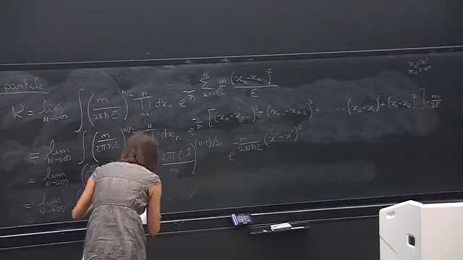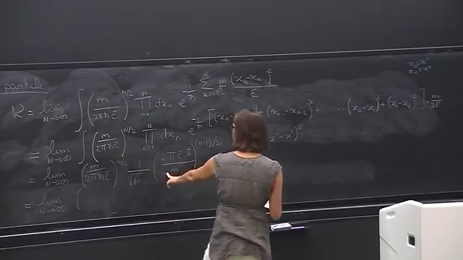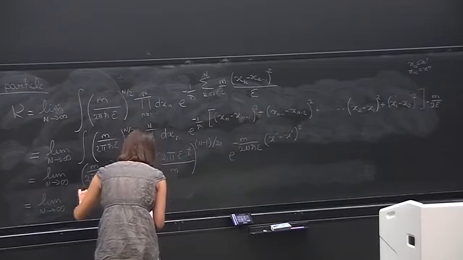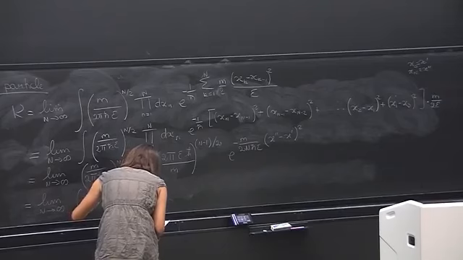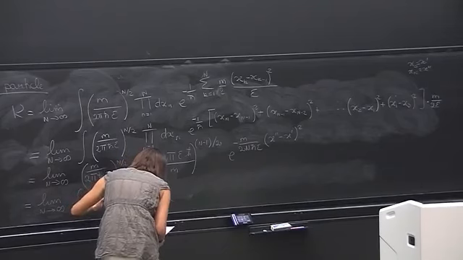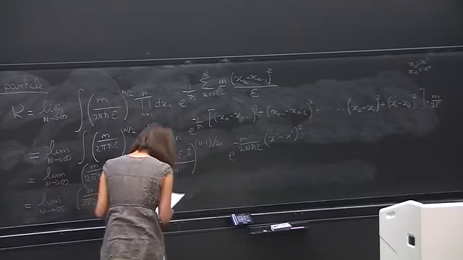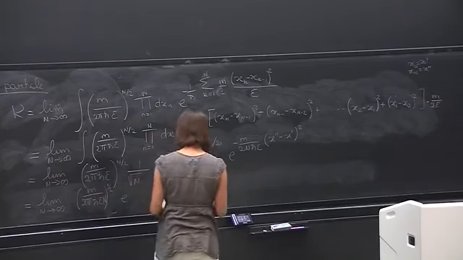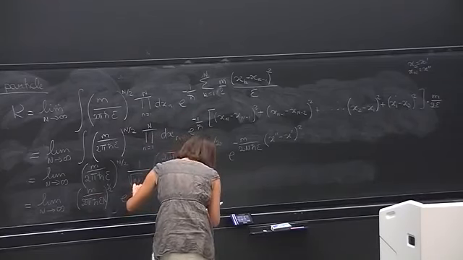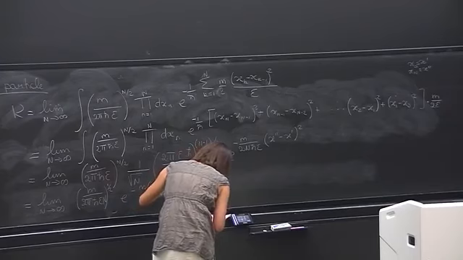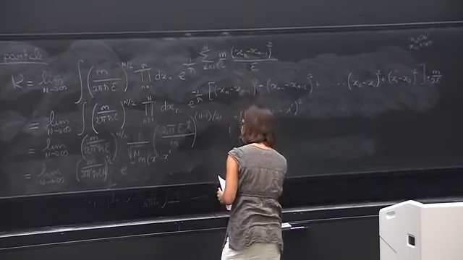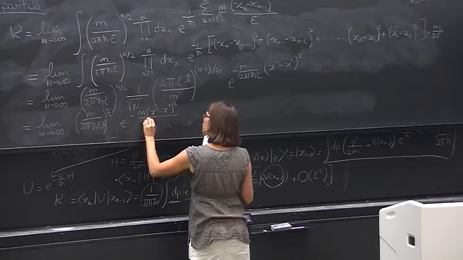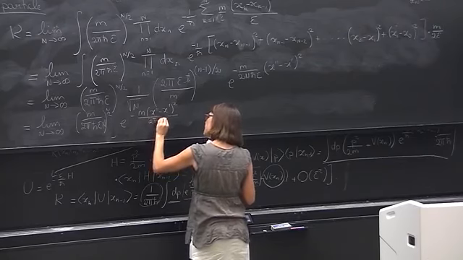Here it's n minus 1 to the power 1/2, here it's n to the power 1/2, so we are left with m divided by 2, to the power 1/2, and the exponential is just the same: x double prime minus x prime squared divided by 2 h bar epsilon.